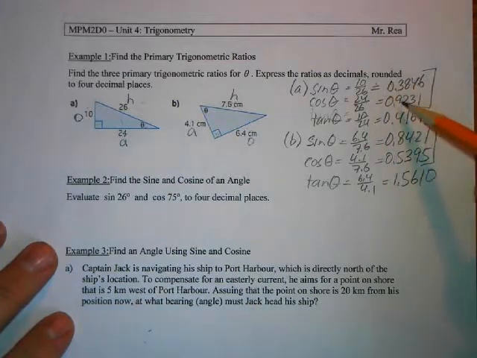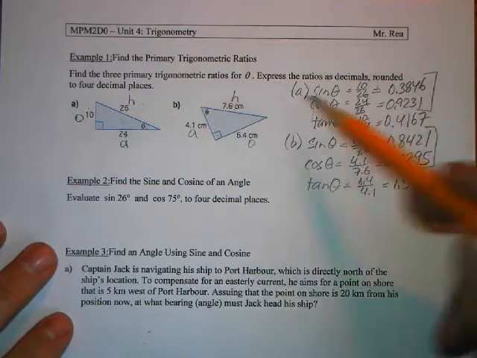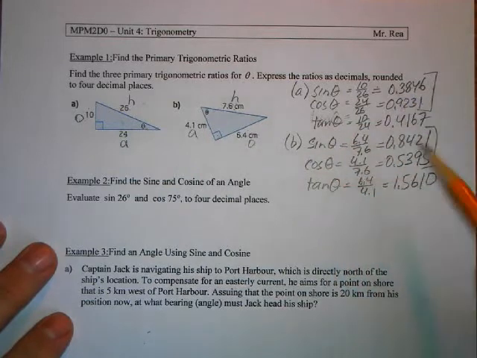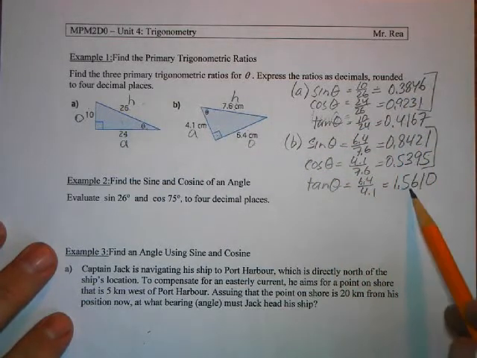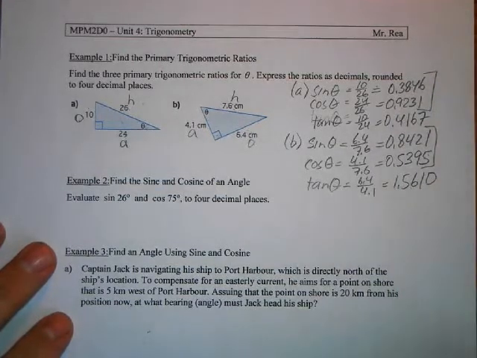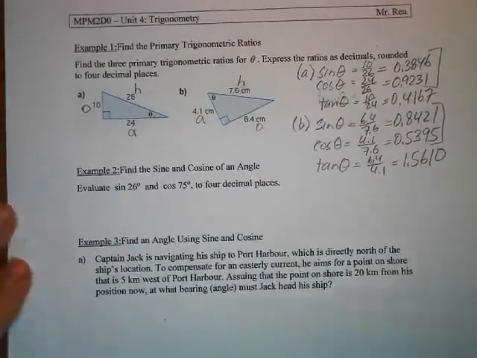Either I put the wrong formula or the wrong value in the formula. So these values all have to be less than 1, and they all are. Now the tan ratio, anything goes, because opposite over adjacent, you never know how big one side is compared to the other. It could be really small. It could be much bigger than this. It could be like 7 point something. But the sine and the cosine, there's a way to know if you did it incorrectly.